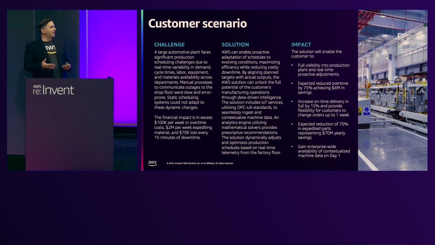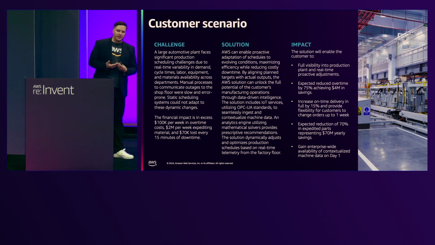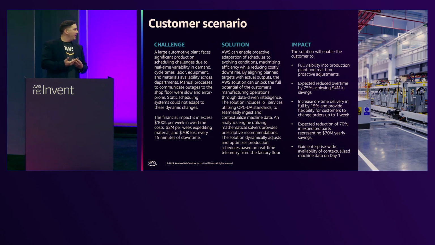AWS can help enable that proactive solution by making scheduling more adaptive, essentially maximizing efficiencies while reducing the costly downtime. We can essentially plan what is actual output to what is predicted output. In this particular case, we can leverage IoT services, also using some of these standards, which I'll talk to you a little bit more about in the example, and bring these into analytic engines that use mathematical optimization to provide these prescriptive recommendations.